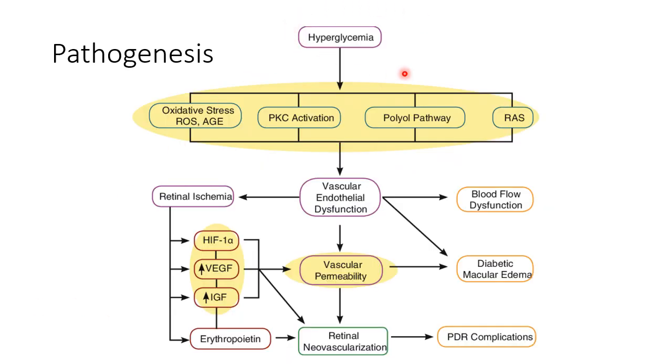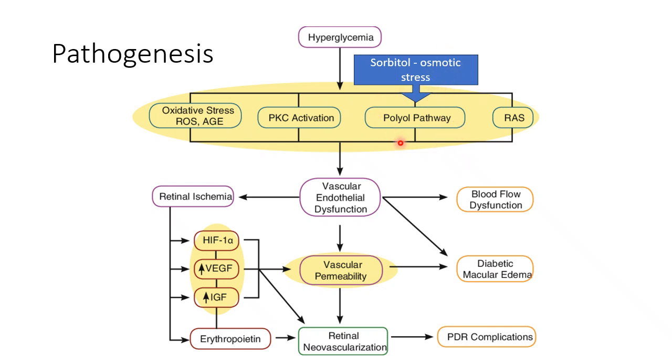Pathogenesis. Hyperglycemia, increased blood sugar levels, activates several alternative pathways. Normally, extra blood sugar is diverted into the pentose phosphate shunt pathway and is metabolized. Excessive sugar enters the polyol pathway, which we also know as the sorbitol pathway. Sorbitol is something that causes osmotic stress.